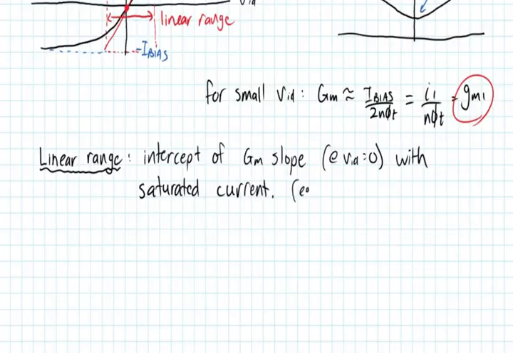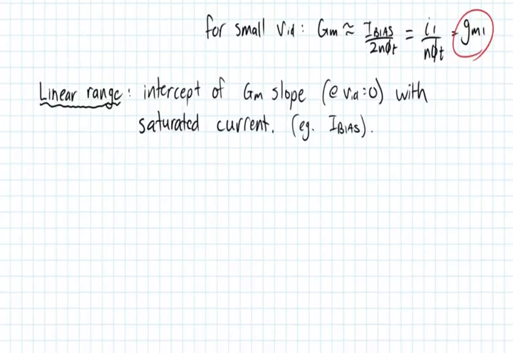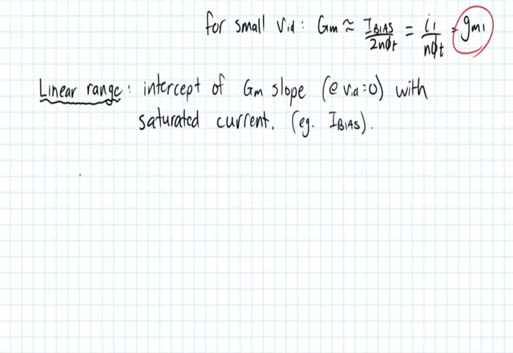In this case, I bias. Okay. So what we can say then is that in this example, GM times the linear range is going to be equal to I bias. That's the intercept point. So then we can substitute in what GM is.